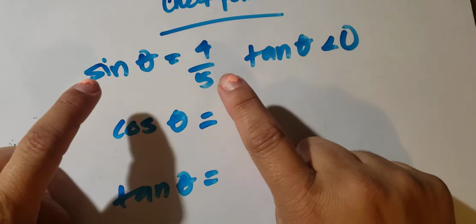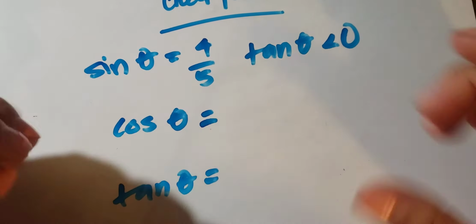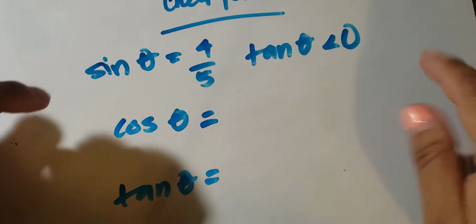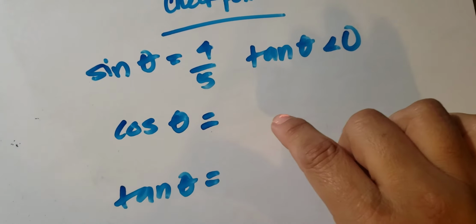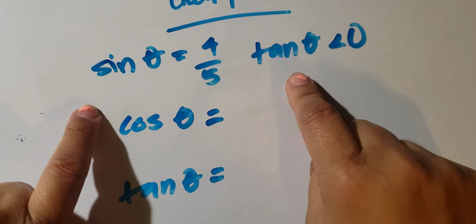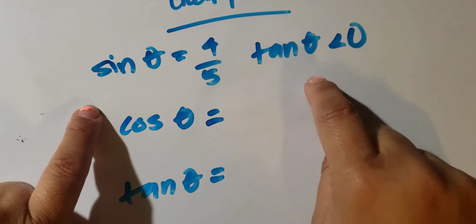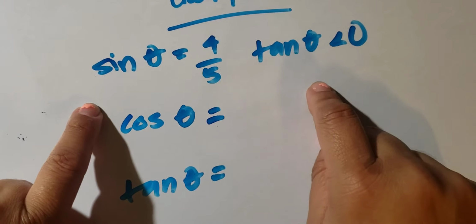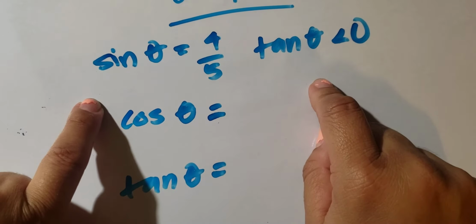So we're looking at the graph and we're going to concentrate to see which quadrant this is going to belong to, okay? So sine of theta is positive, and if tangent of theta is less than 0, that means this is negative. So look for the quadrant where sine is positive.